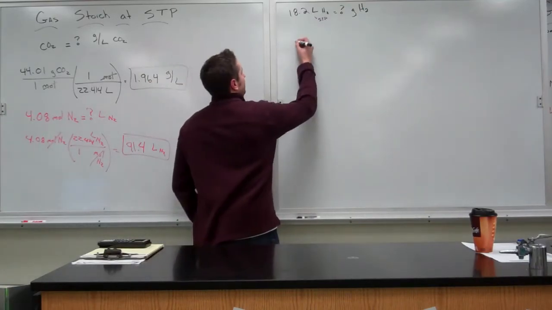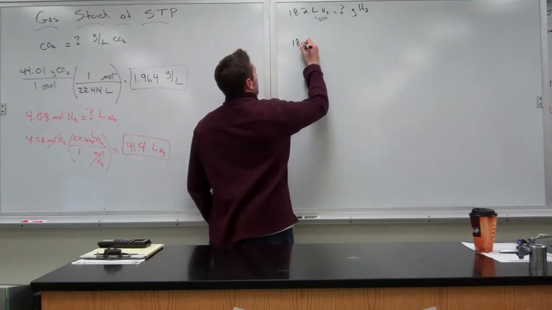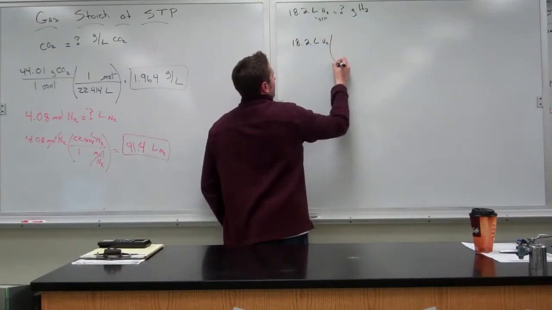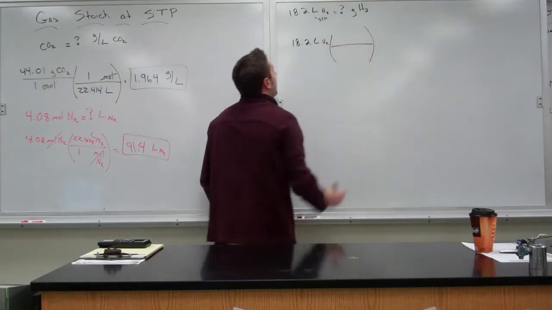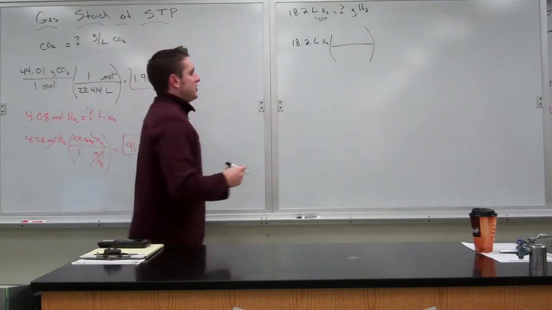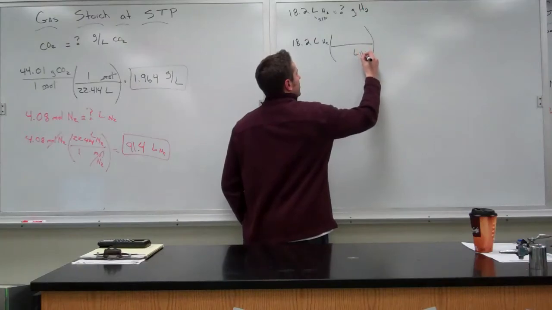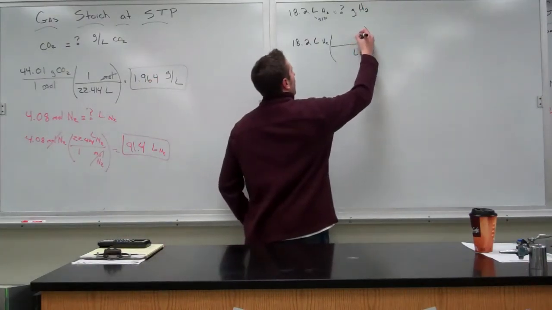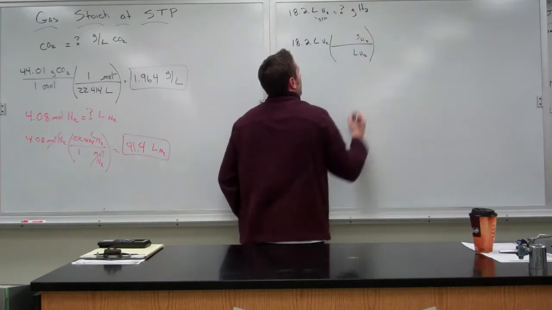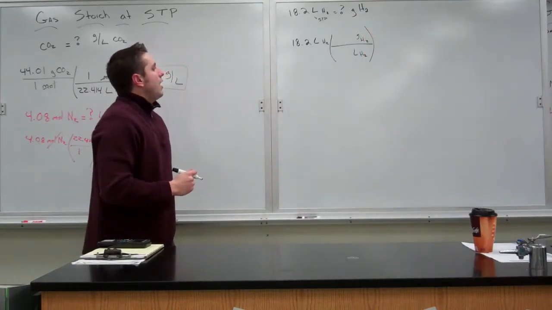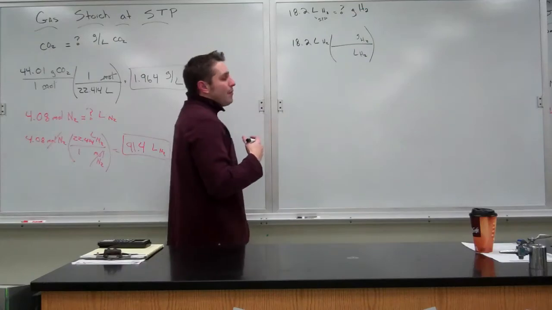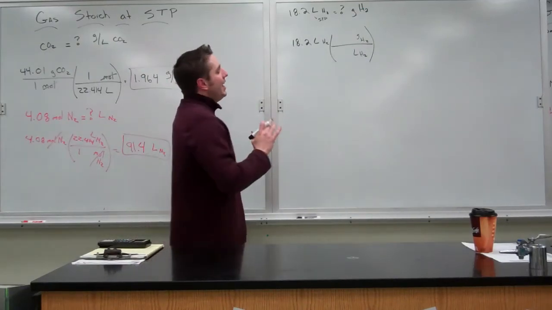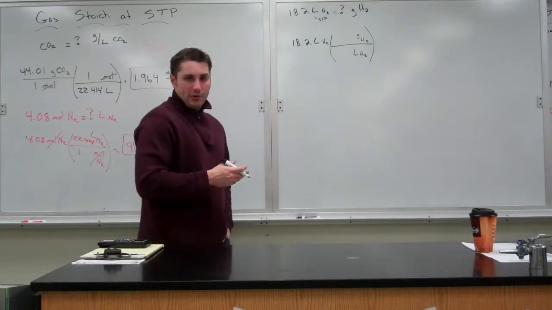Start with what we're given. 18.2 liters, hydrogen. First thing, cancel what I have on top, so liters H2. Next thing I would do is try to go to what I'm solving for, grams of H2. As you look at that, there's probably not a direct relationship that comes right off the top of your head linking grams to liters.